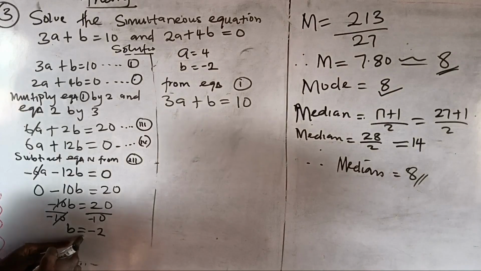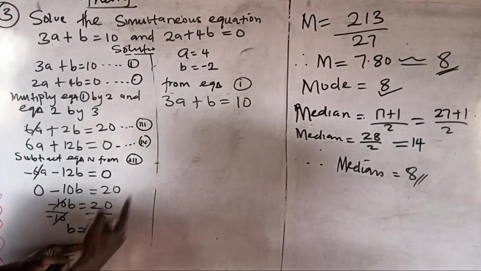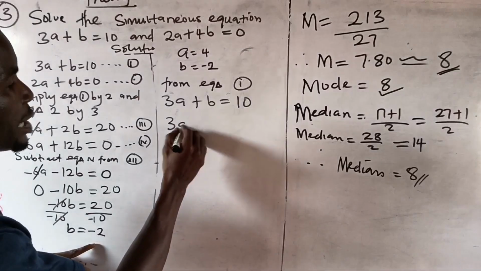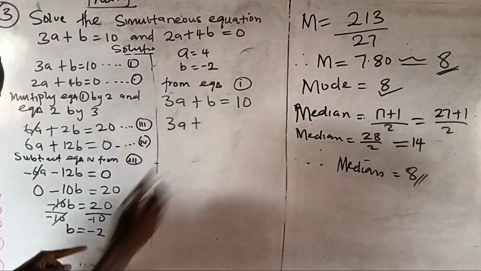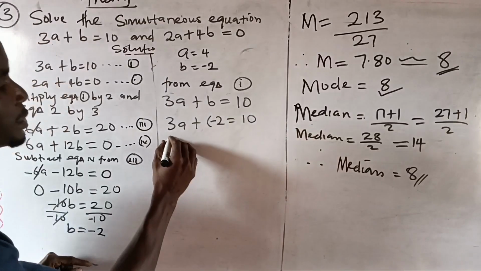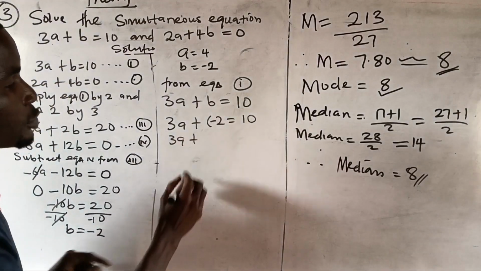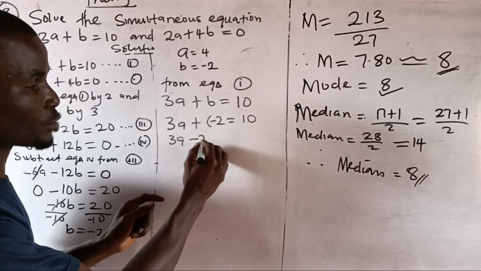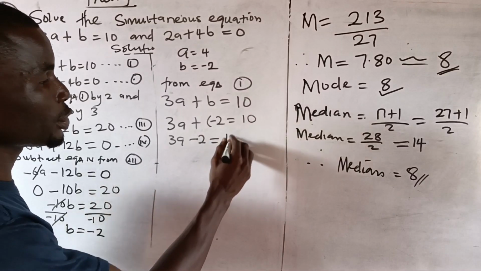Now let's substitute this value, which is minus 2. Anywhere I see b, I'm putting minus 2. So I have 3a plus, this is minus 2, equals to 10. 3a plus, okay, plus times minus will give me what? Minus, right? That is minus 2 equals to 10.